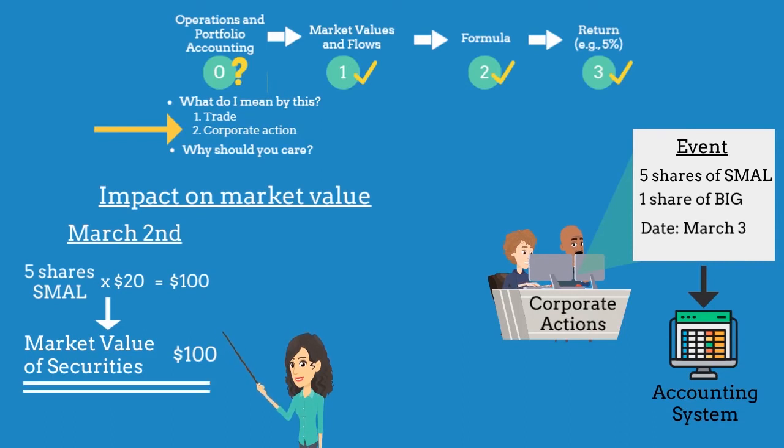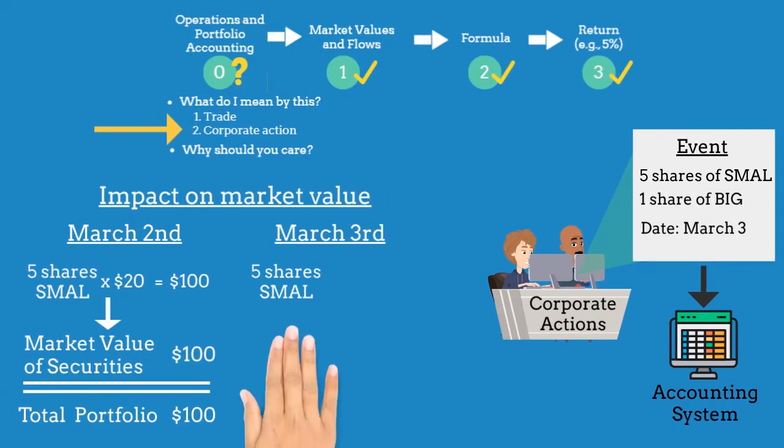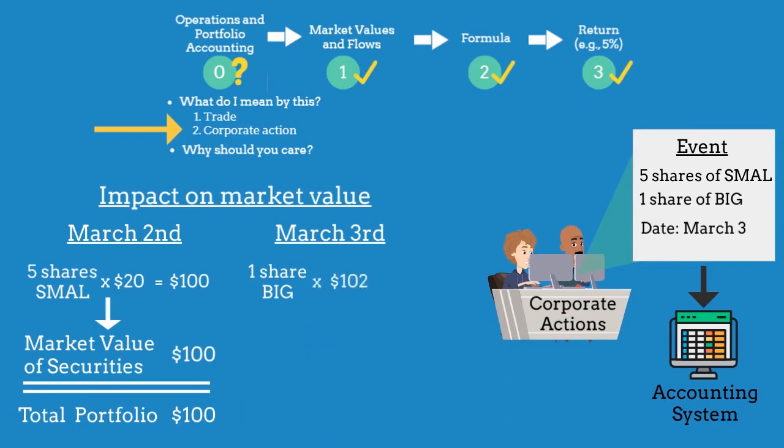And if that's the only thing that you held in your portfolio, that means your portfolio market value would be $100. So on the date of the event, March 3rd, the 5 shares of stock small will be replaced with 1 share of stock big due to the acquisition. And let's say big is worth $102 at the end of March 3rd. So the market value of the position is $102.